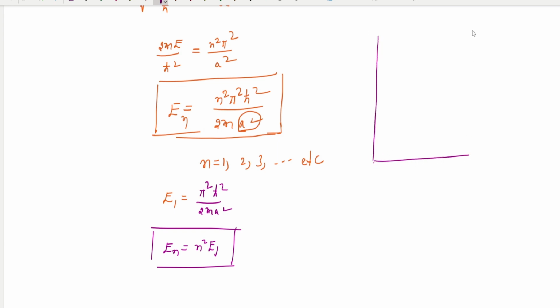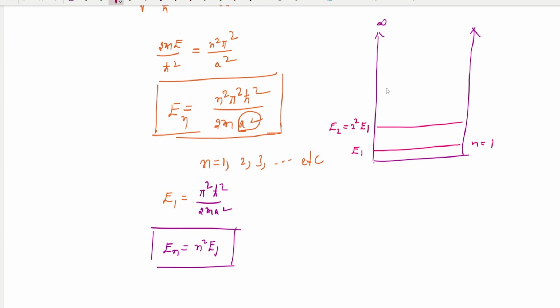and this is the infinite potential box. This height is infinity by assumption. So this is 0, this is n equal to 1, and here the energy level is E1. For n equal to 2, you get E2 equal to 2 square E1.